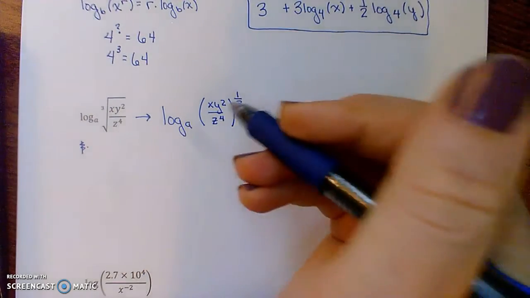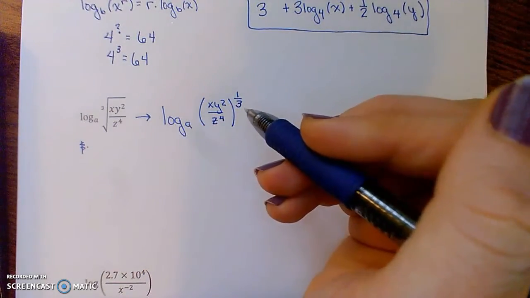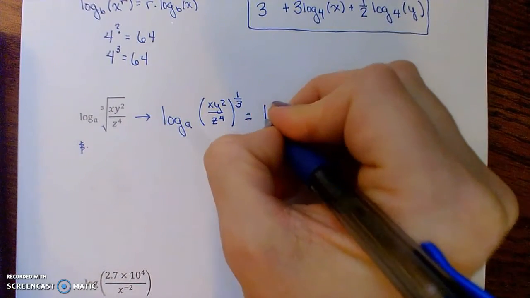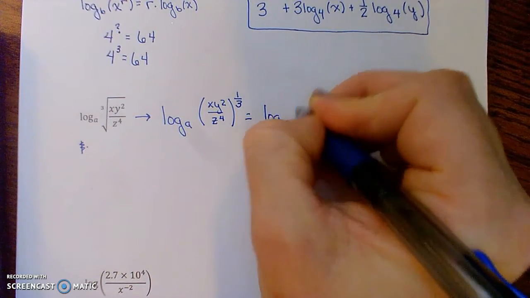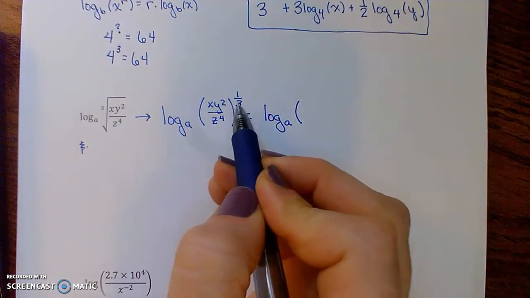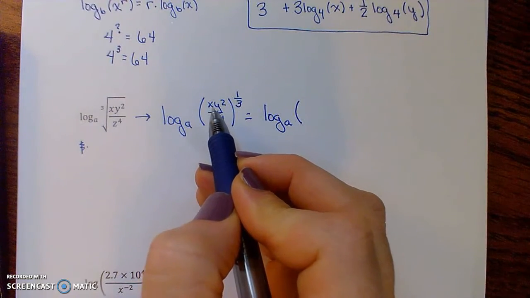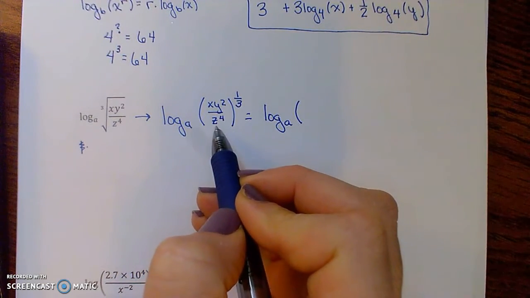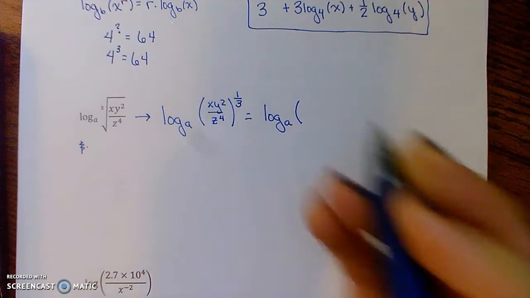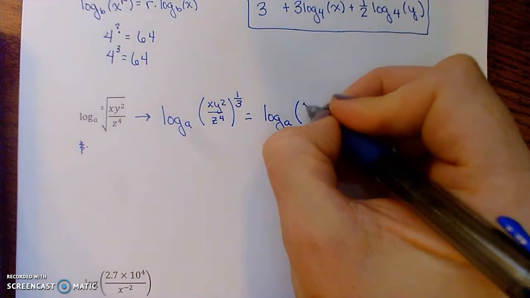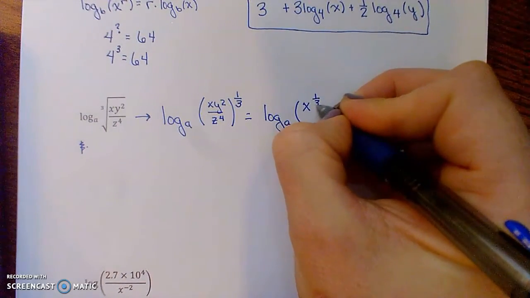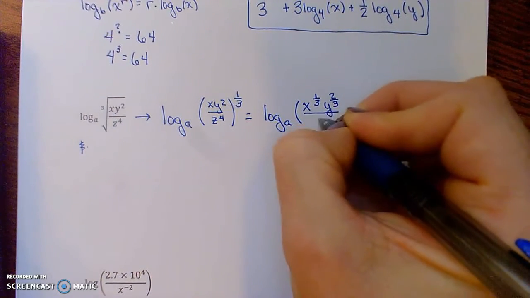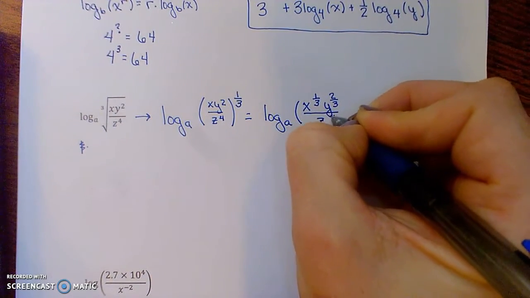Now you can put this 1/3 out front first, but that's not what I'm going to do. First, I am going to rewrite this as log base a of x to the 1/3, y to the 2 times the third over z to the power 4 times the third. So it can be written like this: x to the 1/3, y to the 2/3 over z to the 4/3.